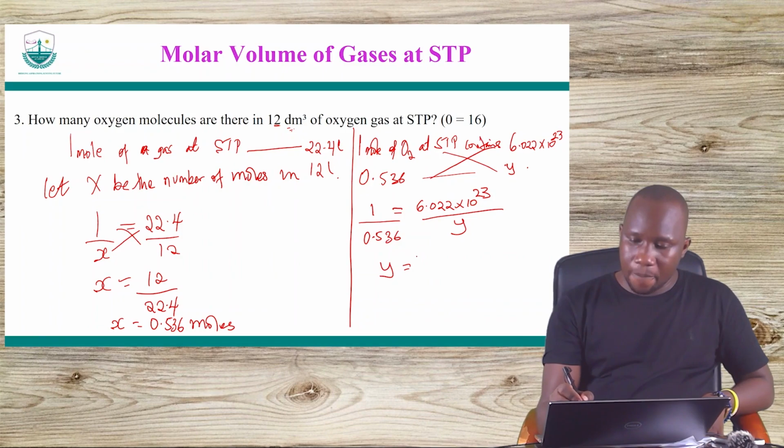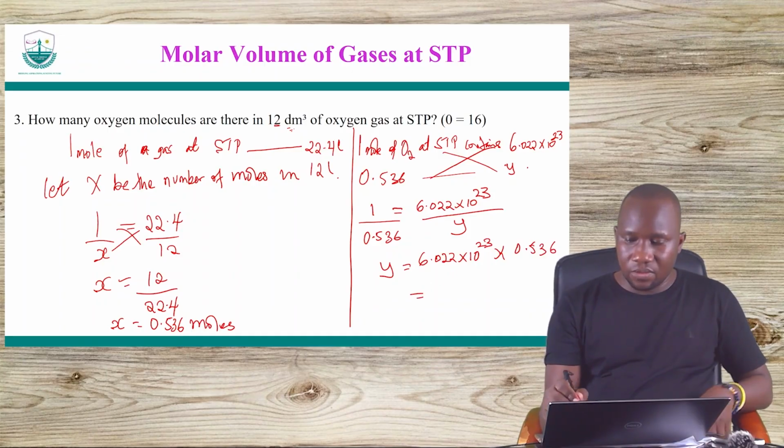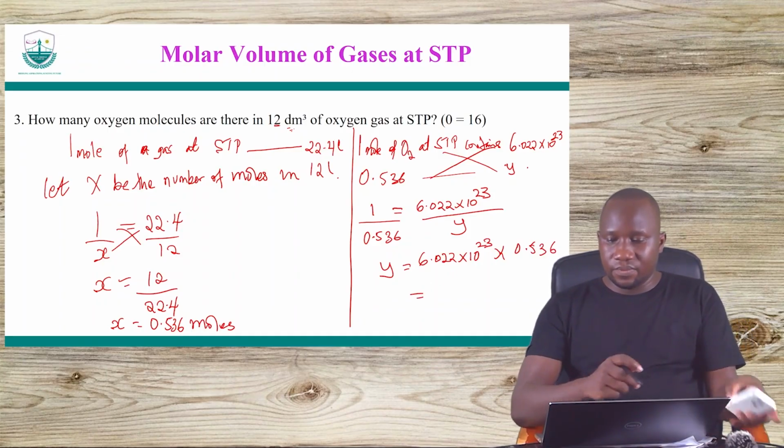So this Y will be equal to 6.022 times 10 power 23 times 0.536.